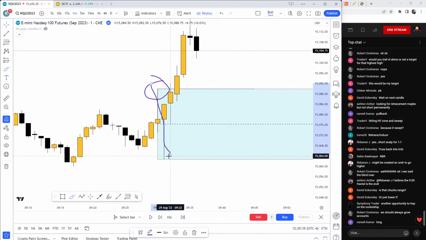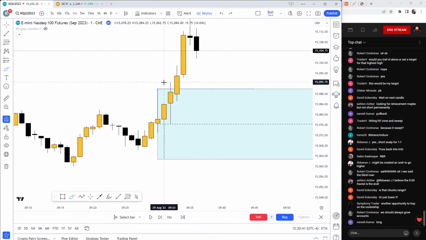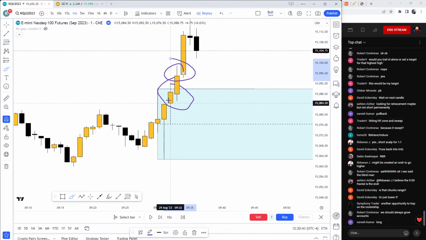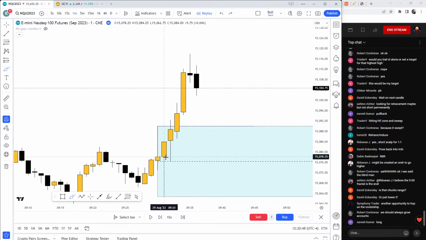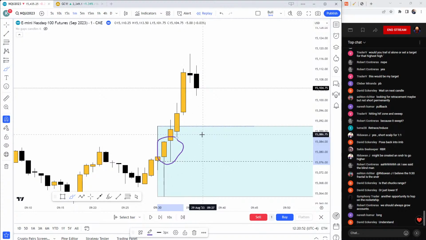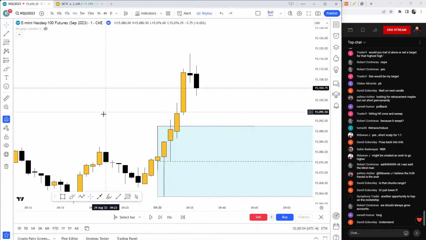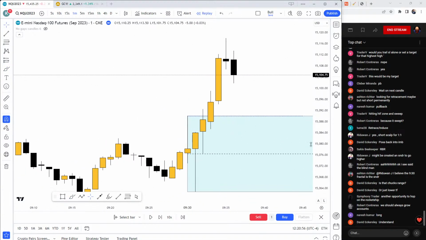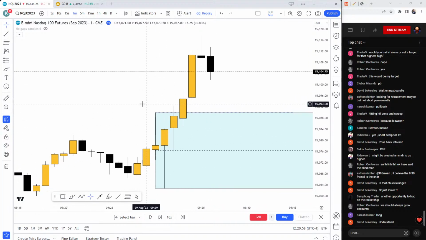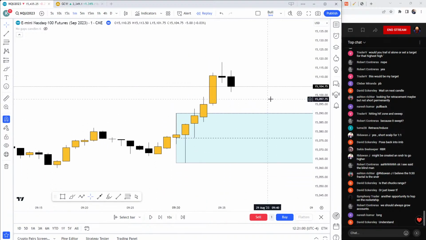This high put that in. So yeah, we've got a fractal here, we got a fractal here, we got a fractal here. Right? You could probably refine down this zone here to this. I'm not really sure what Chuck would draw out of this, right? This is the way I trade.